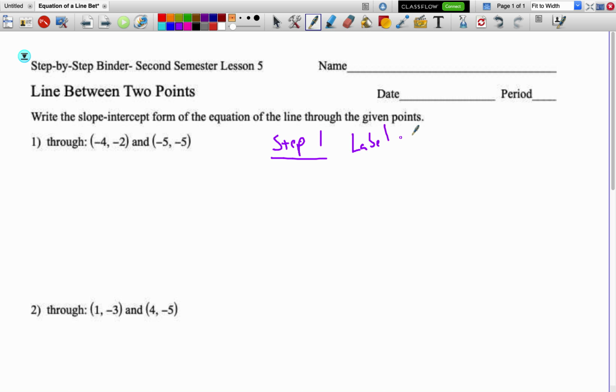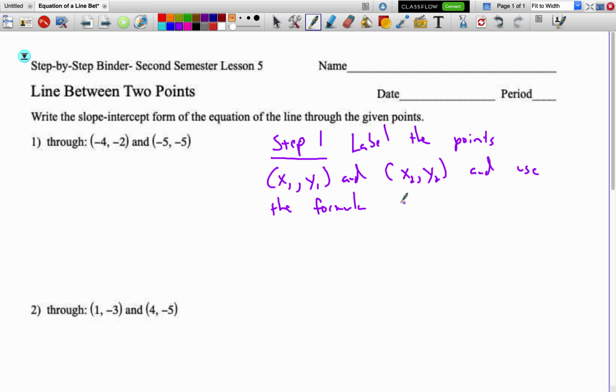Step 1 is to label the points x1, y1, and x2, y2, and use the formula y2 minus y1 over x2 minus x1 to find the slope between the points.